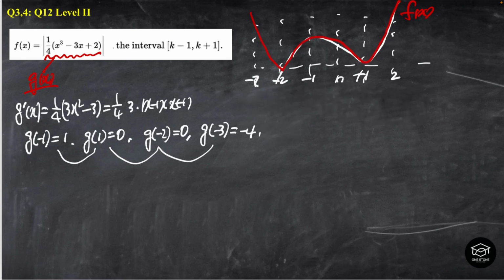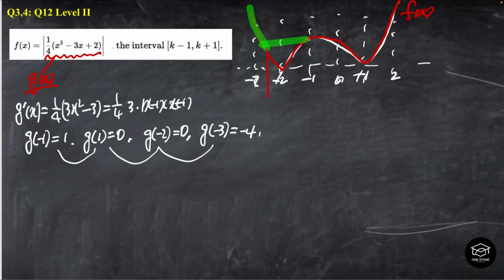Let's think of the interval moving toward the point x equals -3. As k decreases, the interval slides to the left, and the left endpoint, k minus 1, gets closer to -3. During this process, the maximum value of f of x inside the interval gradually decreases, following the shape of the curve.